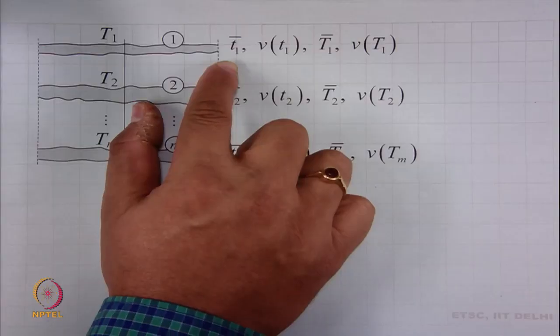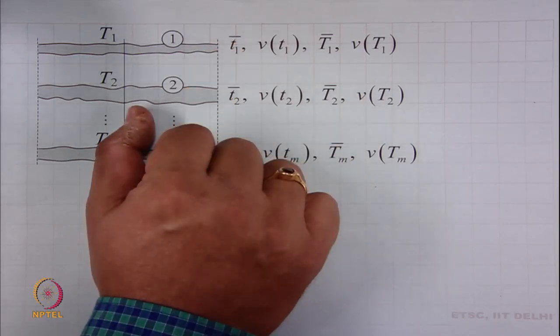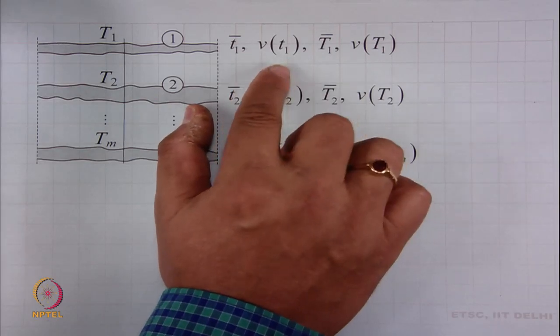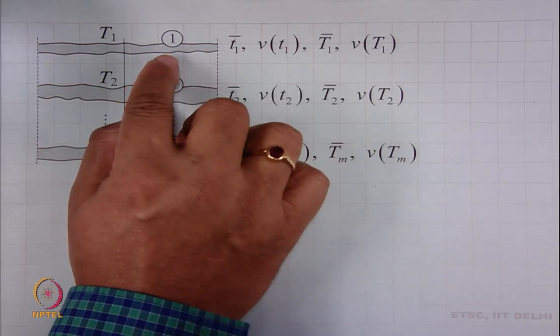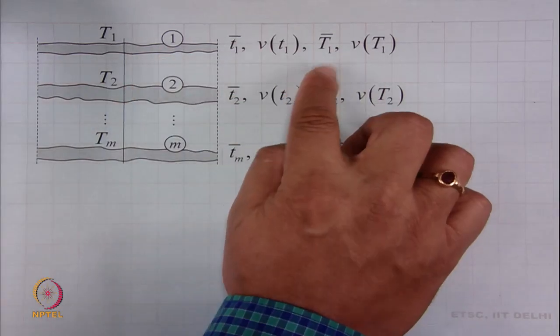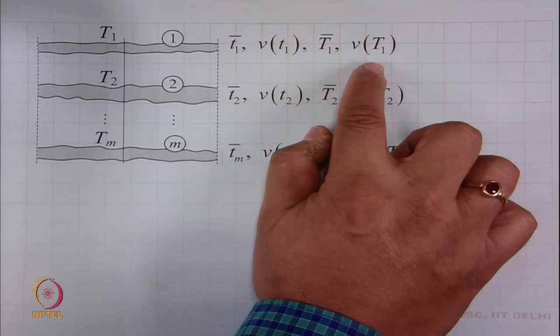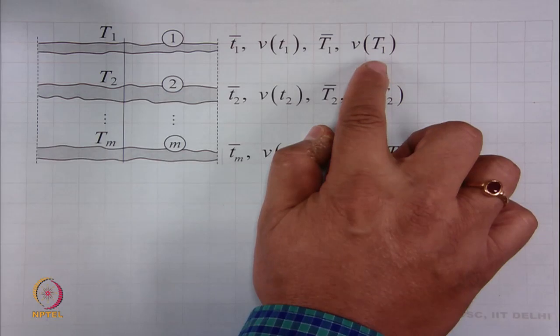Sliver 1 has a mean fiber fineness t 1 bar, coefficient of variation of fiber fineness V t 1, mean sliver fineness capital T 1 bar and coefficient of variation of sliver fineness V T 1. V T 1 can be obtained by using Martindale's model.